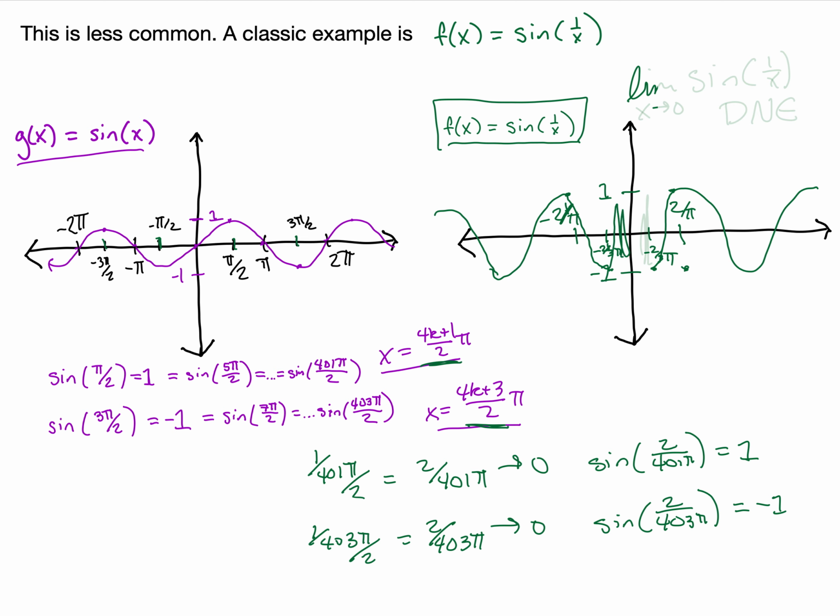So we're going to have some wild oscillations between 1 and -1 in here, and there's no one single value that the output of sine of 1 over x approaches as x gets close to 0. So this tells us that the limit as x gets close to 0 of sine of 1 over x does not exist. And as I said, this is a less common scenario, so that's why we have a strange function to help us illustrate it.